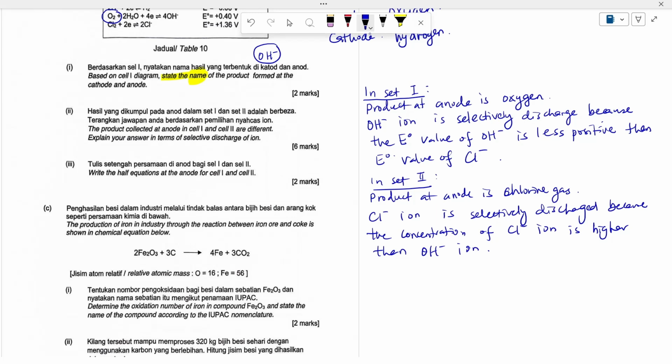So it is selectively discharged. Okay, so altogether 6 marks. This is number 2.